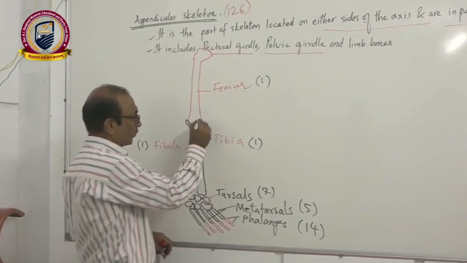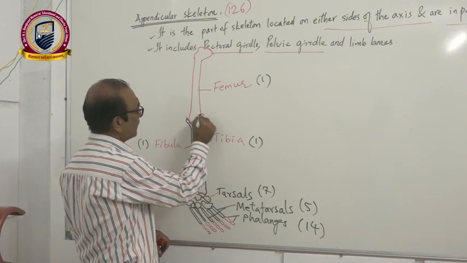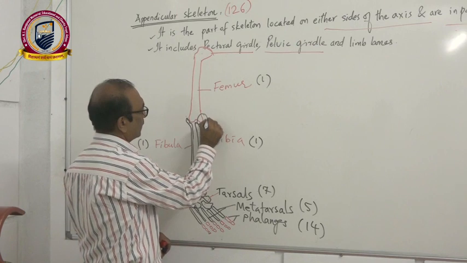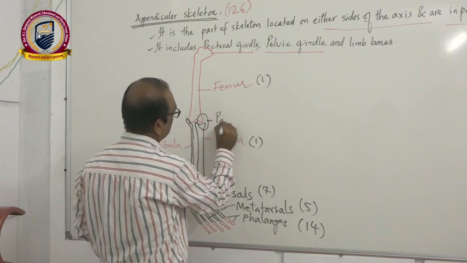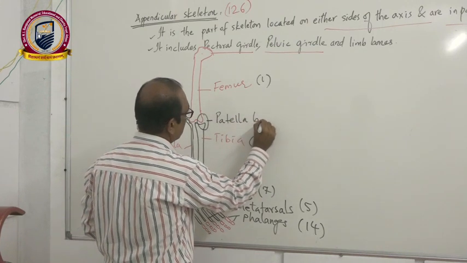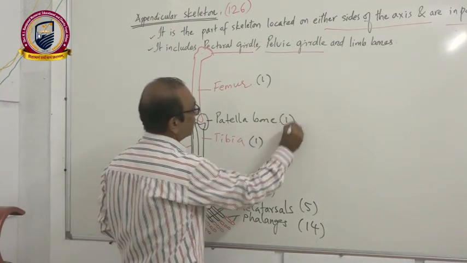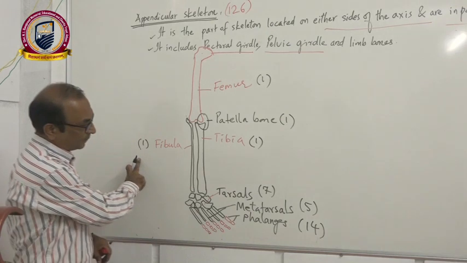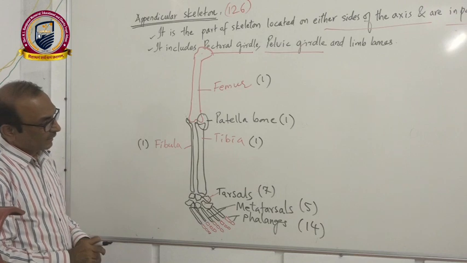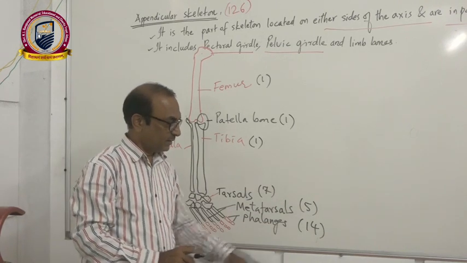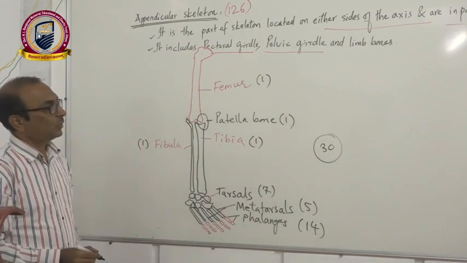One more bone will come here, that is in front, the kneecap, or it is called as patella bone. So that is 1. So 1, 2, 3, 4 plus 7, 11, 16, 20, 30. So total 30 bones are there in the lower limb.